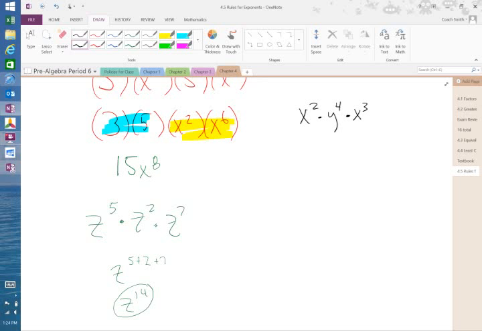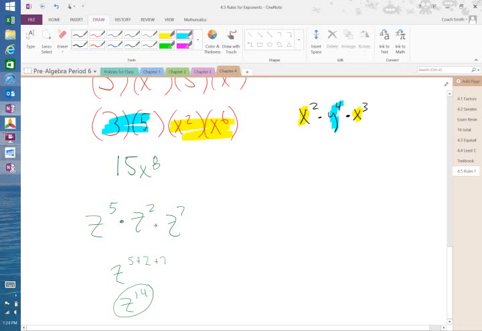In this problem, we have two different bases. We have the x that represents those two factors, and we have the y that represents that factor.